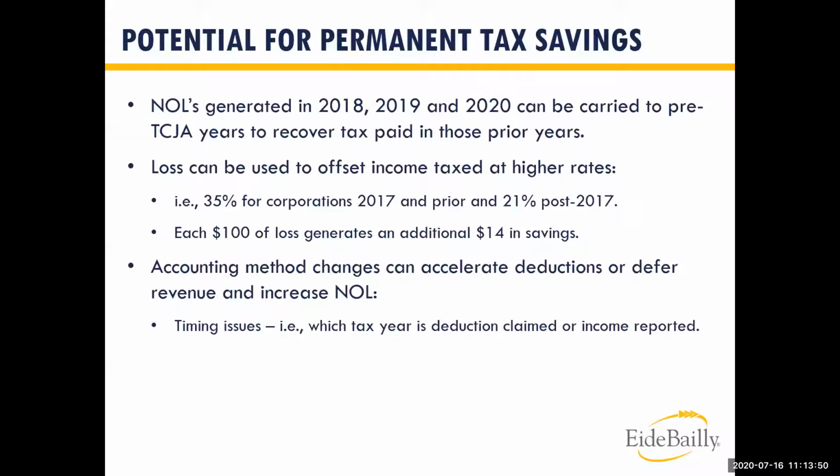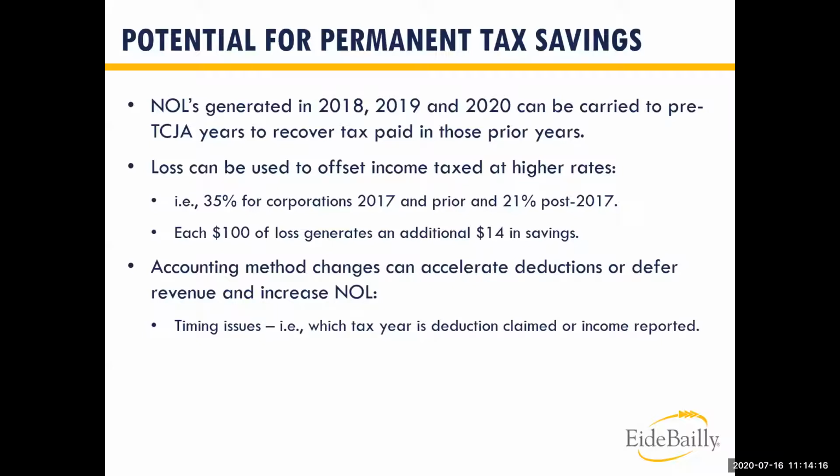And as a result of that tax rate differential, whether it be on the corporate side or even on the individual side, where in the past they might have been taxed as high as 39.6% for individuals, if you have a loss or can increase an NOL for carryback, you might be able to do that and get that additional savings.